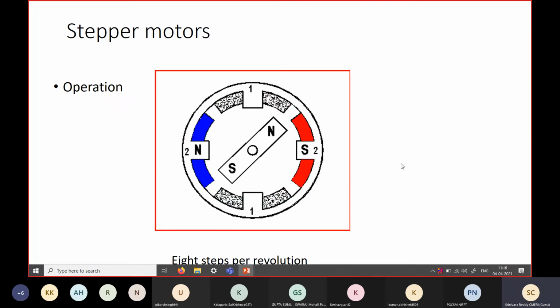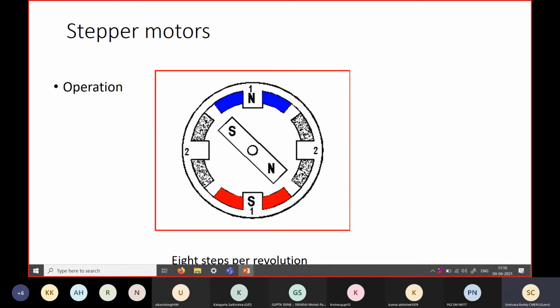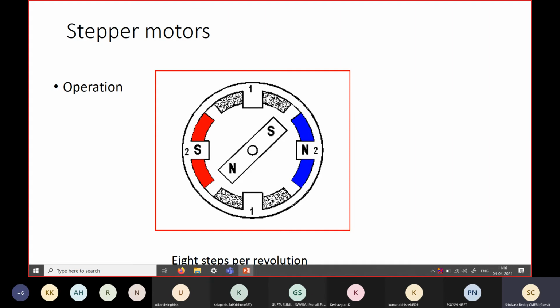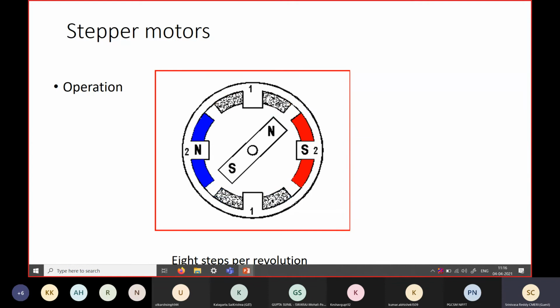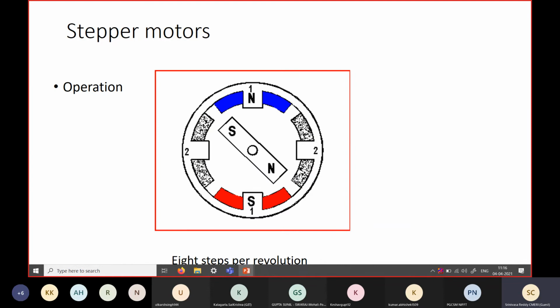Here you please observe how the coils are energized and the rotor is positioning itself. When an individual coil is energized, it will try to align with that coil. But when two coils are simultaneously energized, it will try to align in between.